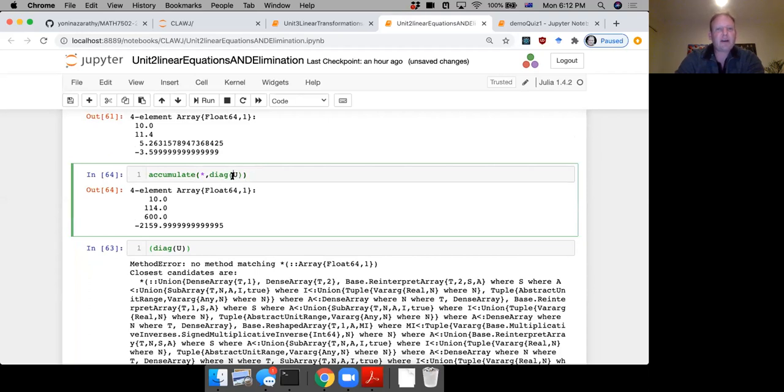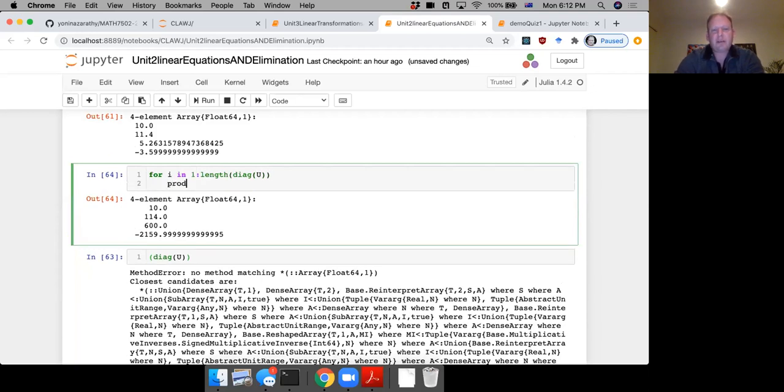I don't know how to multiply the 4 entries of a matrix, so I'm going to write a loop. I'll do for i in 1 to length of diag of U, and then prod times equals diag of U. This is of course extremely inefficient.